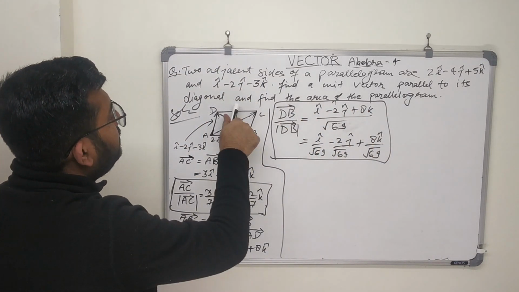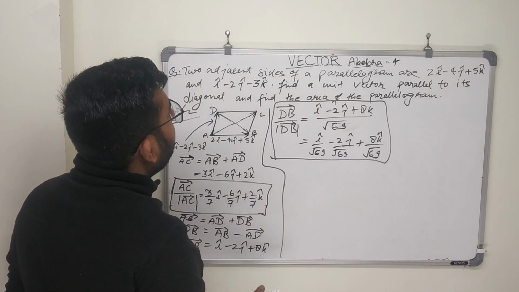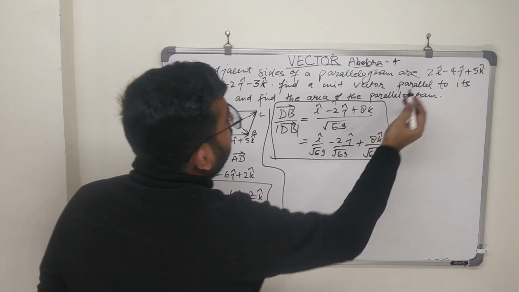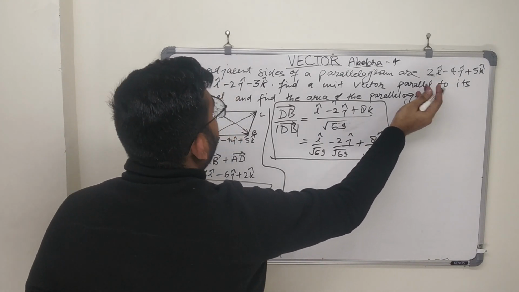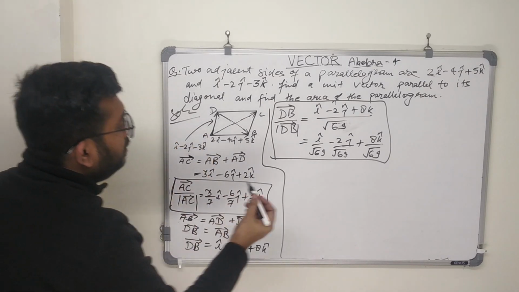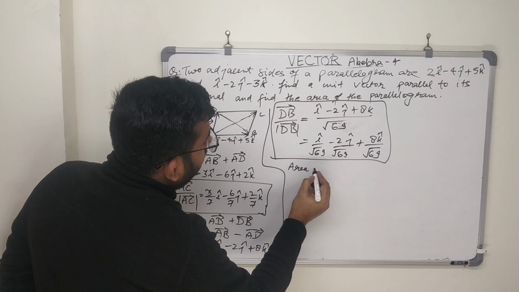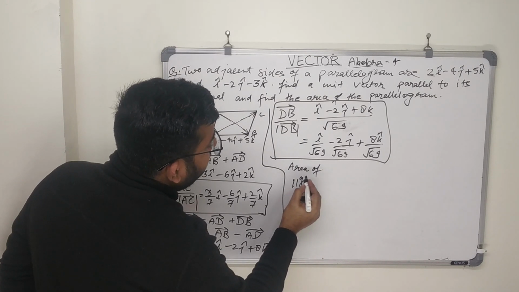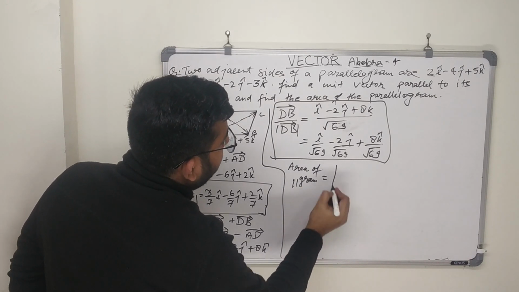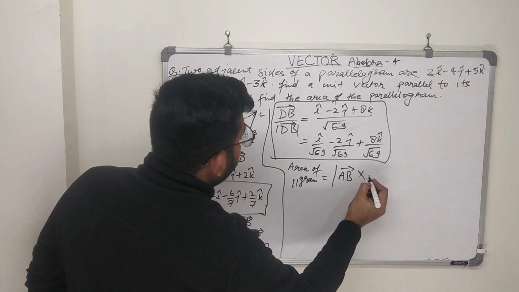Now solving the second part, that is find the area of the parallelogram. For this we have to find the cross product of both the vectors, that is AB vector cross AD vector. So the area of the parallelogram will be the magnitude of AB vector cross AD vector.